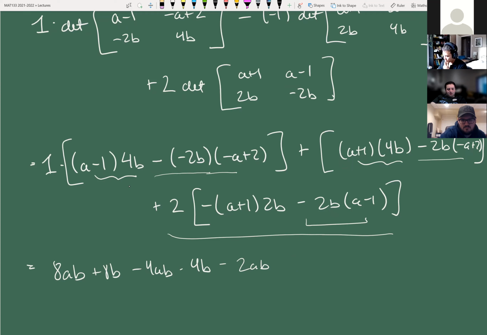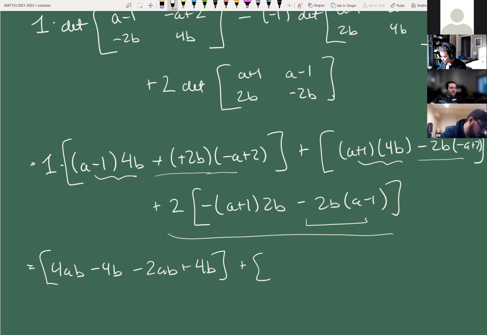All right, here, let's just expand it out. Let's do it by hand. Okay, so we're going to get 4ab minus 4b. Let me just make these pluses. So we're going to get minus 2ab plus 4b, right? So that's that first bracket, plus 4ab plus 4b.